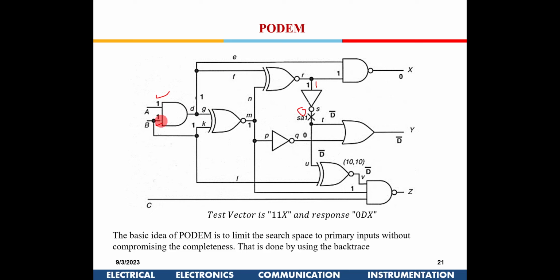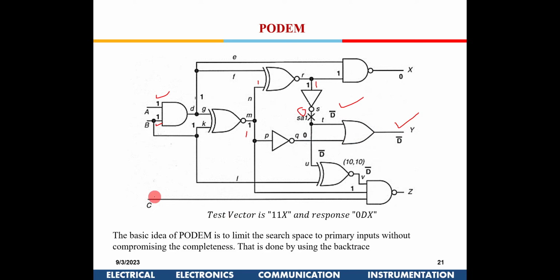That 1 1 will give me 1 here, because I have a 1 here, 1 here, and a 1 here. So there is no problem in getting this 1, and that 1 is going to give me 0 here. And I am getting D bar available here. So that's the end of it.